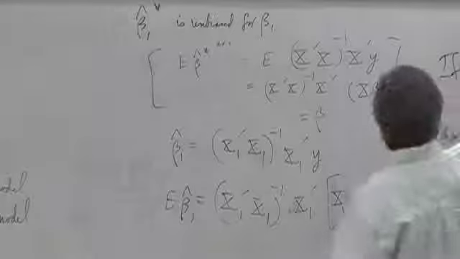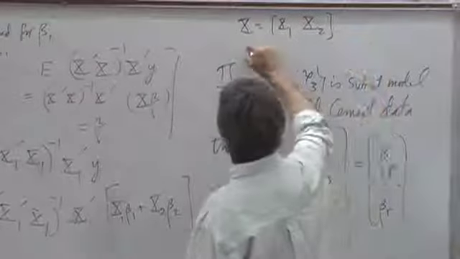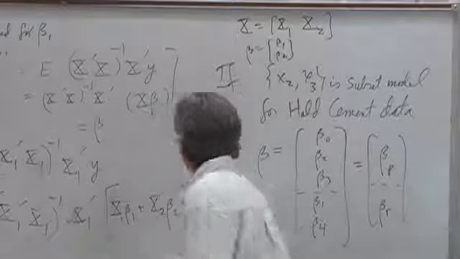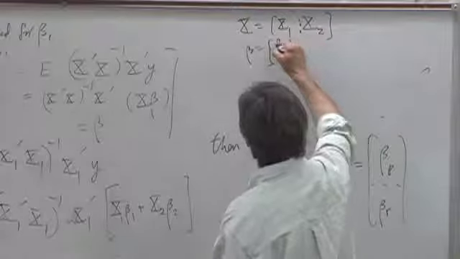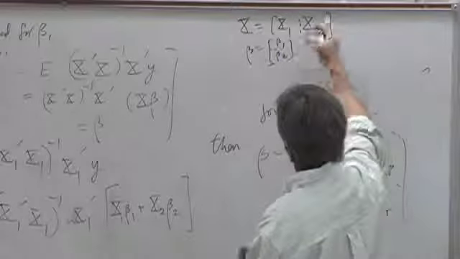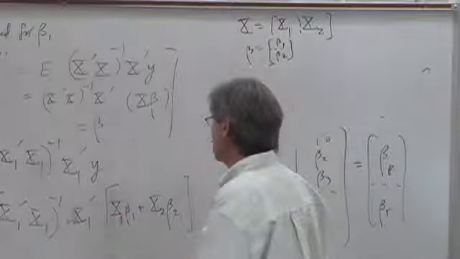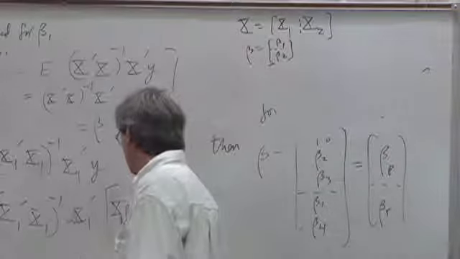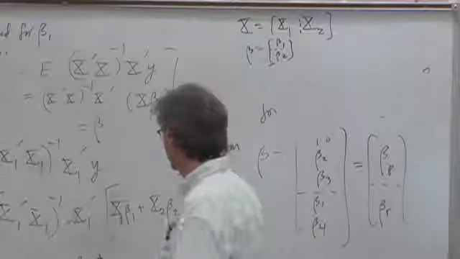I can always think of it as an inner product way, X equals X1, the first column, and the second column, and beta is just 2 entries, beta 1 and beta 2. There's no intercept here. I've concatenated this way and concatenated this way, and multiplying X beta is just taking a linear combination like that. That's the way matrix multiplication is defined. You have this, and then you get the cancellation here. So this is equal to beta 1 plus this alias matrix times beta 2.